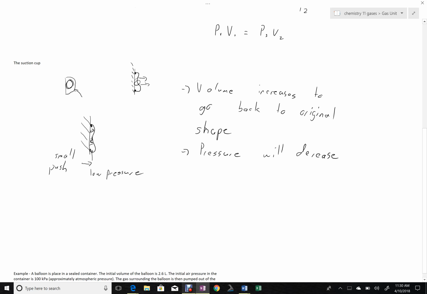Alternatively, the air pressure outside the suction cup is still delivering the large amount of force associated with the atmospheric pressure. So there's a large push in this direction. This large push keeps the suction cup stuck to the wall. This one wins, and so the suction cup sticks.